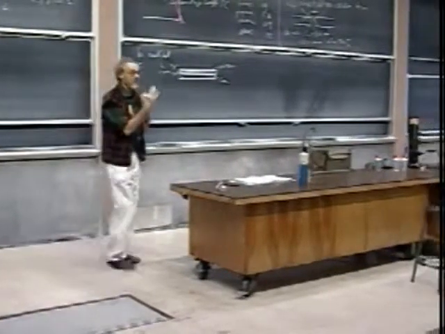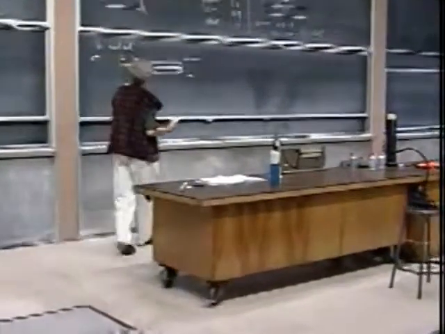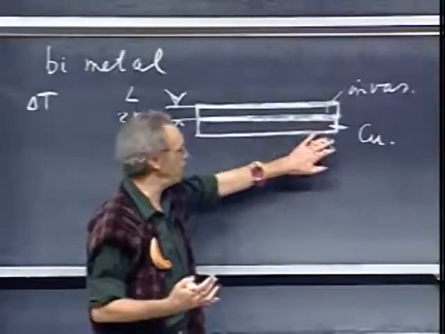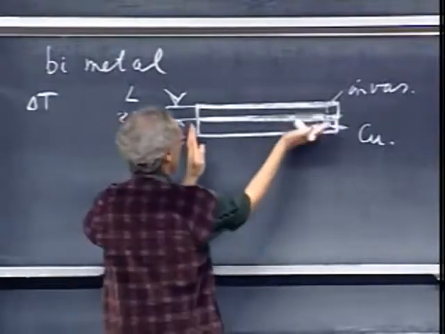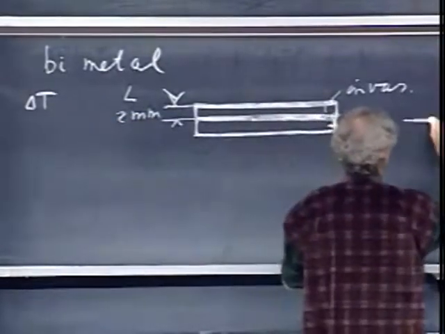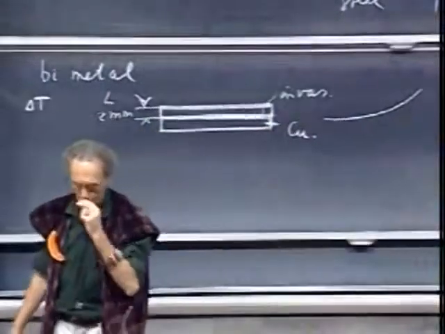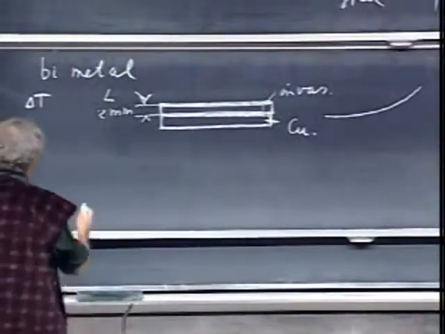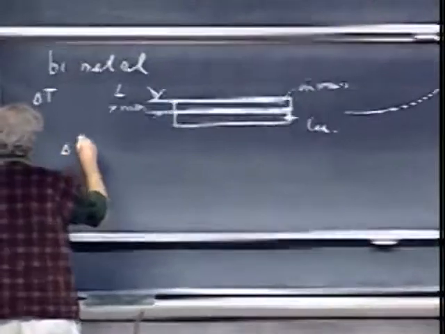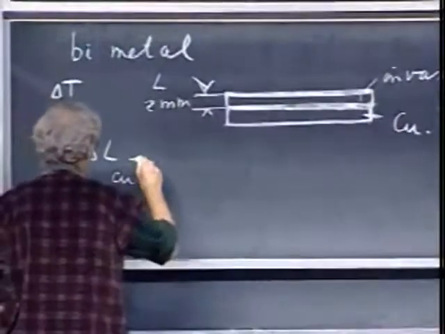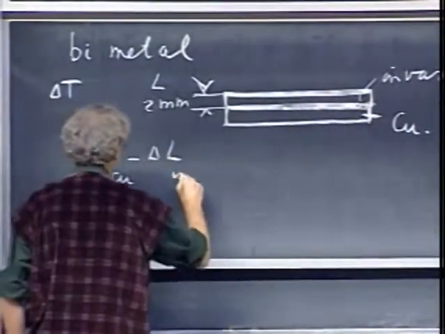They will bend. And since the Invar is not going to expand very much, but the copper will, if you heat it up, it will go like this. And we'll see that there are many applications of that. So what I'm interested in is really the delta L of the copper minus the delta L of the Invar.